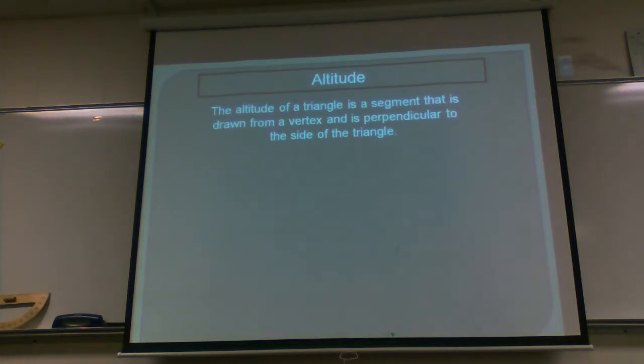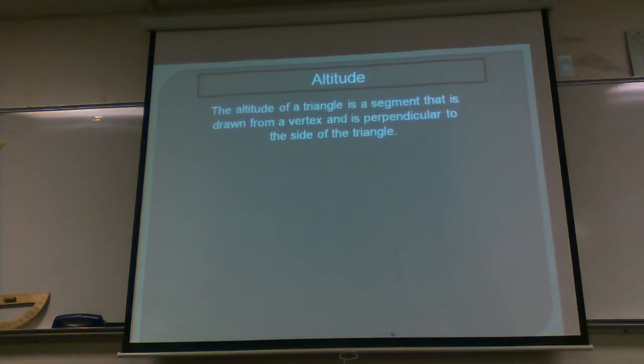They're perpendicular. Since it does create a right angle, there could be problems that involve the Pythagorean theorem or something, but I highly doubt that right now you will see that.